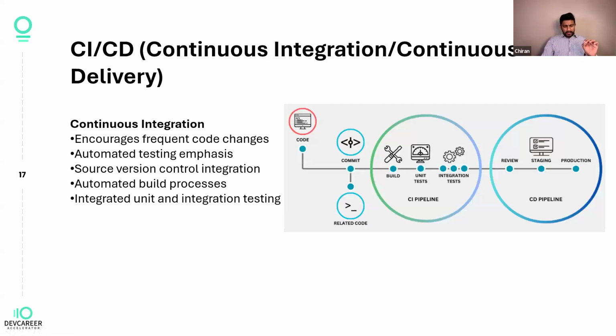Again, it comes back to the pipeline, CI/CD, which is really the concept that we are talking about in terms of Kubernetes. So CI is continuous integration. As you can see here, you have your code, and you commit to your Git repository. From there, you do your build, unit testing and integration testing.